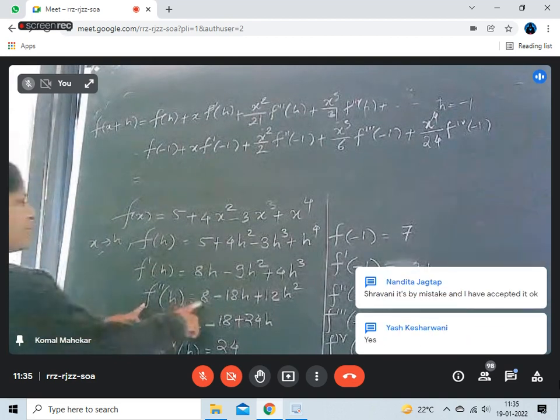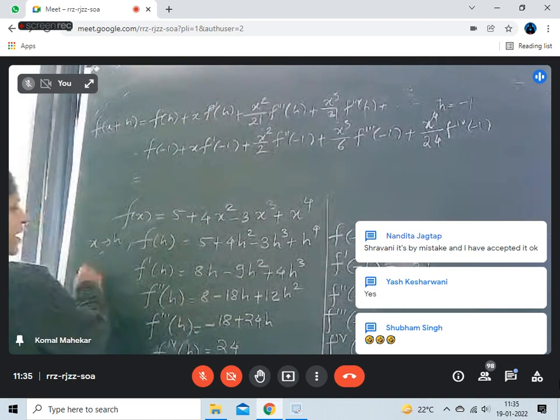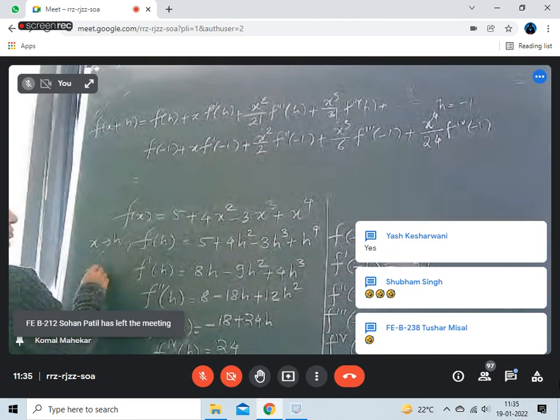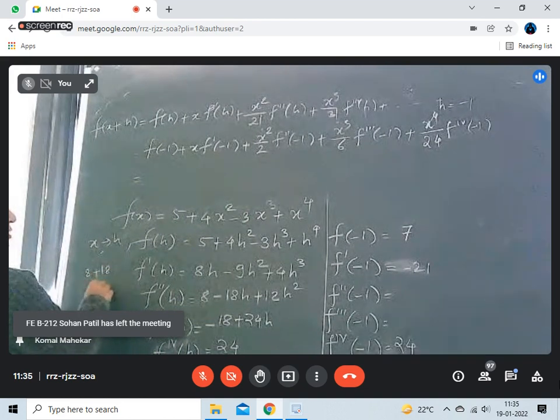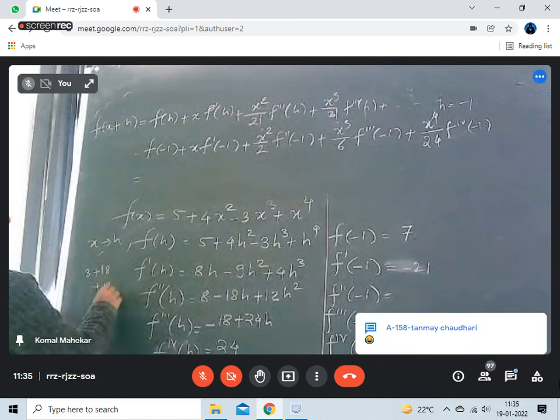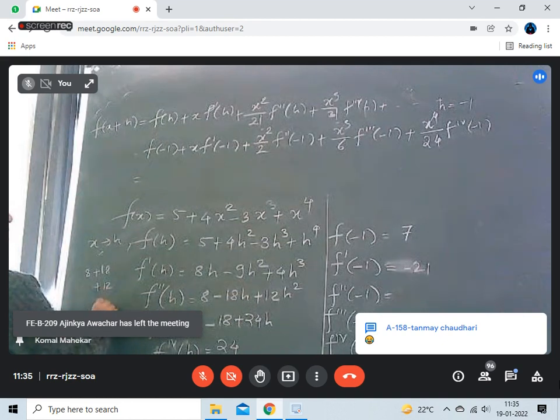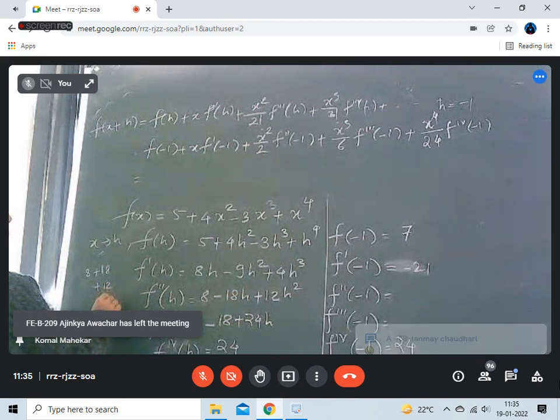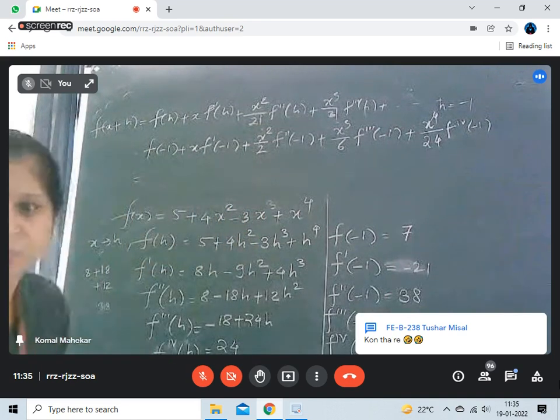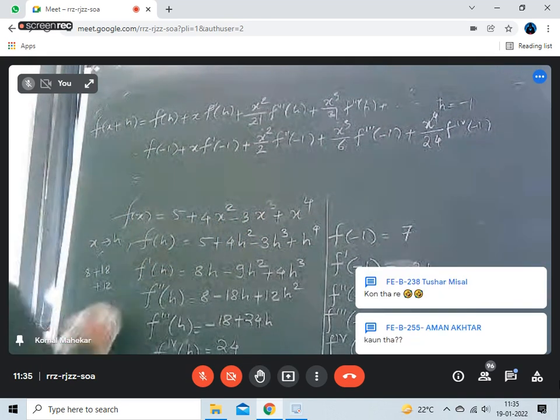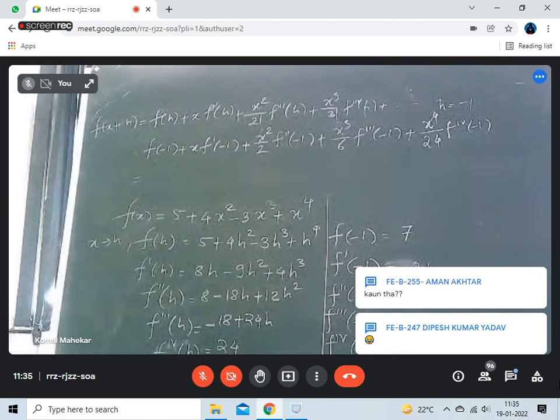Then F double dash: this is 8 plus 18 plus 12. This is 38. Check the values.